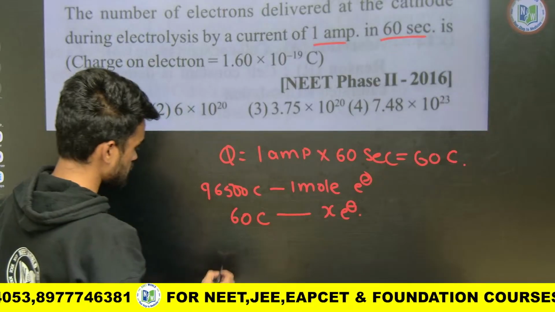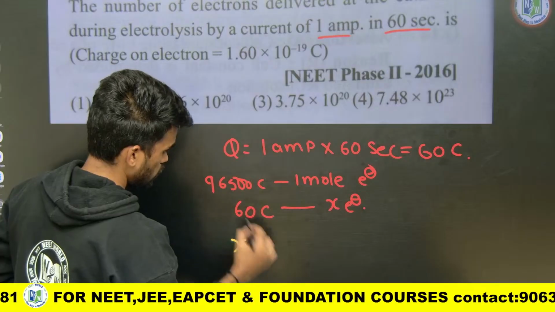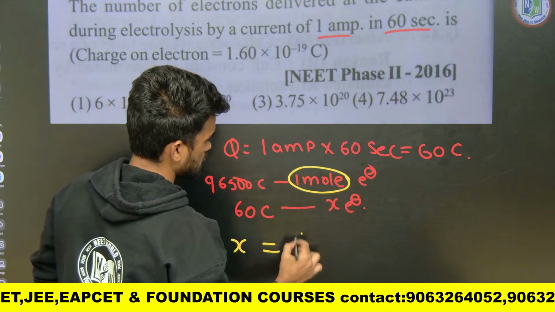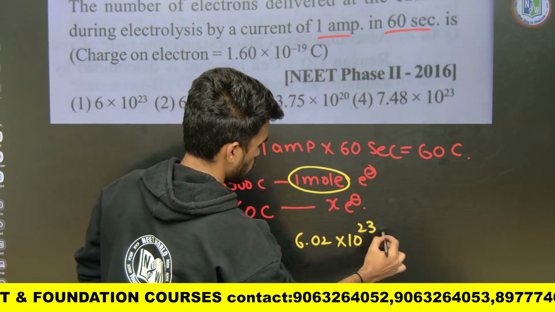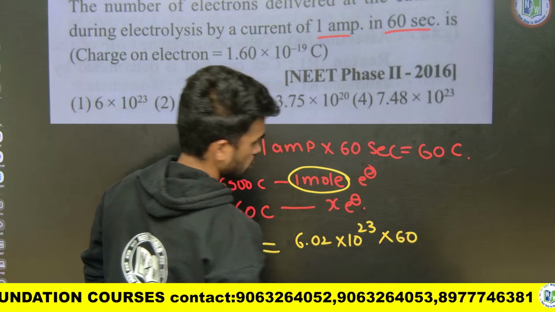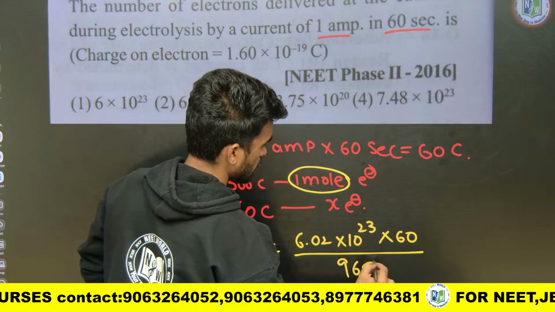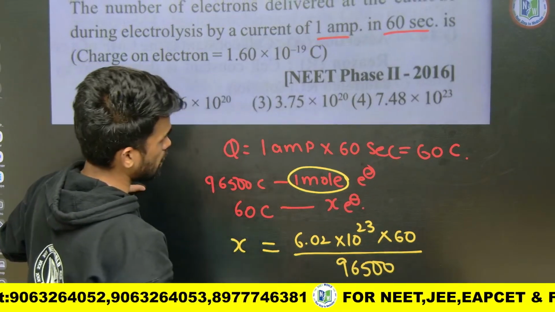I am writing this as X number of electrons, that is X into 96,500 equals 1 mole of electrons. I am writing it as 6.02 into 10 power 23 electrons into 60 by 96,500 coulomb. By simplifying this, you will get one of the options.